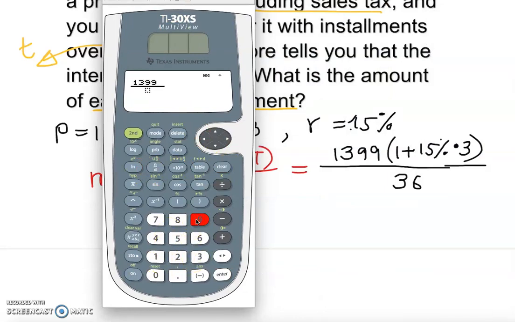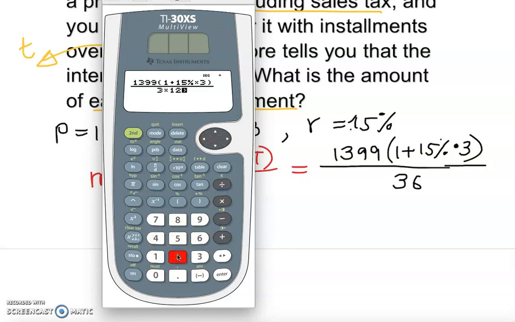Once I have this, I can just plug things into the calculator. So $13.99 open parentheses 1 plus 15% times 3 years close parentheses over the total number of payments, which is 3 times 12.